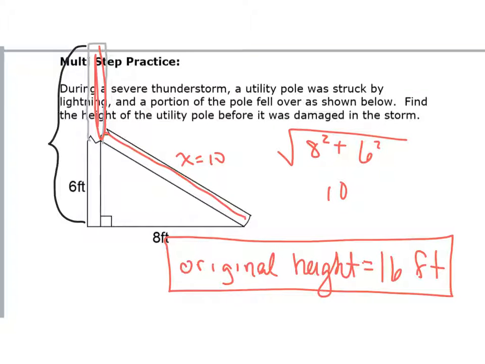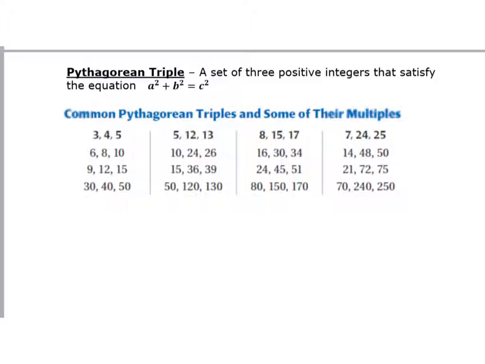All right. The next one isn't really a problem. It's just one kind of neat little look at. And we have something called a Pythagorean triple. And that is a set of 3 positive integers that satisfy the equation a squared plus b squared equals c squared. Does anybody remember from way back in elementary school what an integer is? Yes.